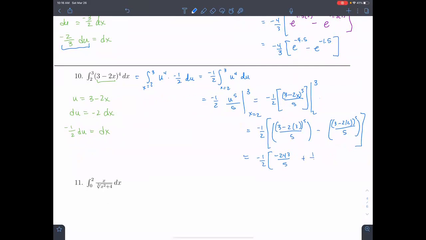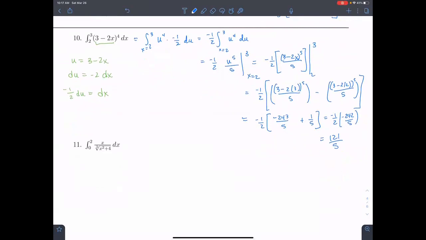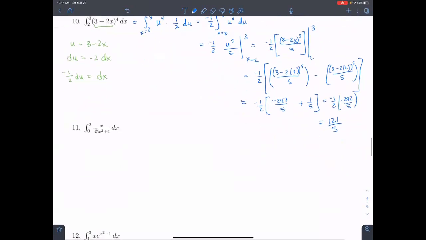And then plus 1/5. So negative 1/2 times negative 242 over 5, which is 121 over 5. You can absolutely use a calculator for doing this sort of math.